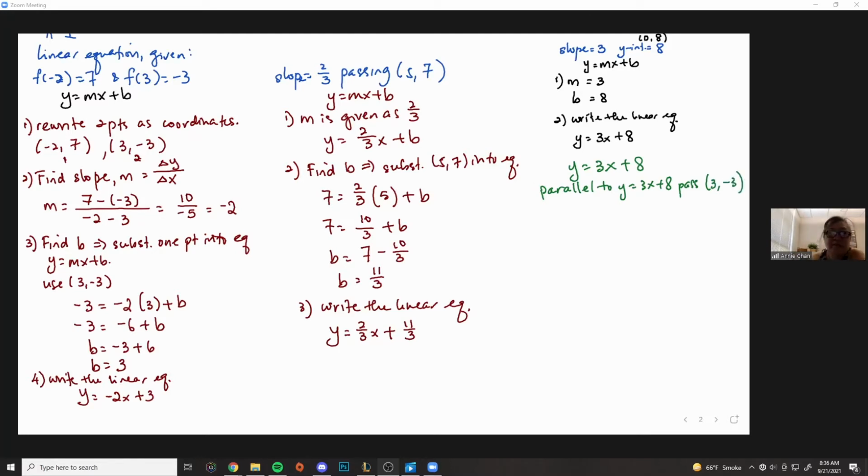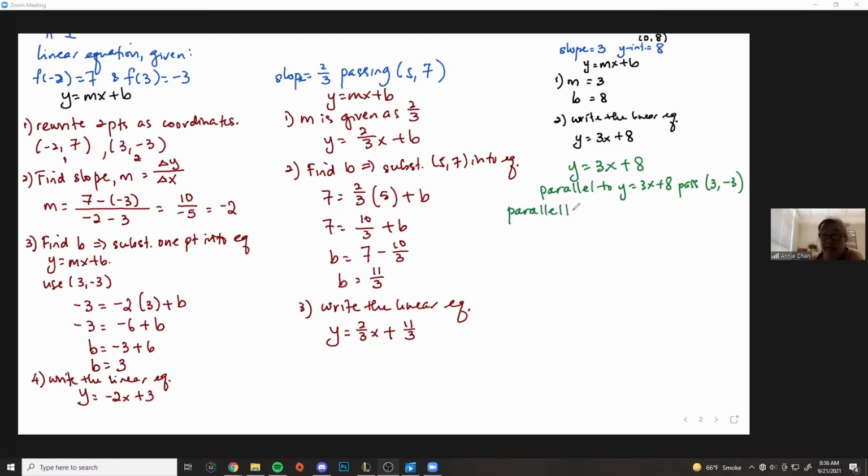How do we do that? So what happens when a line is parallel to a given line? They have the same slope. Yes.